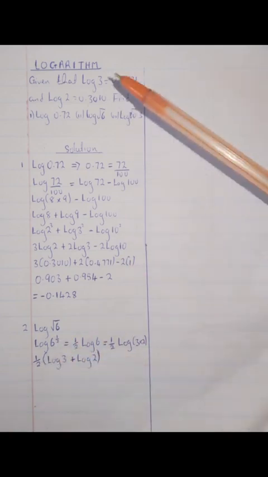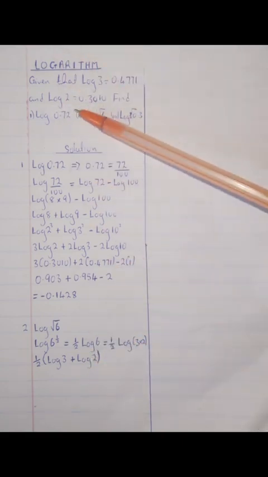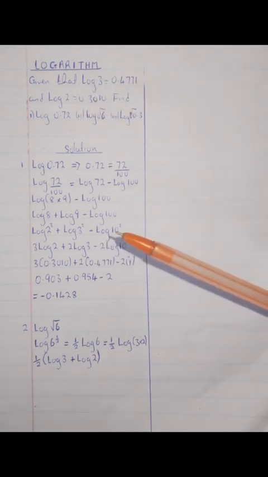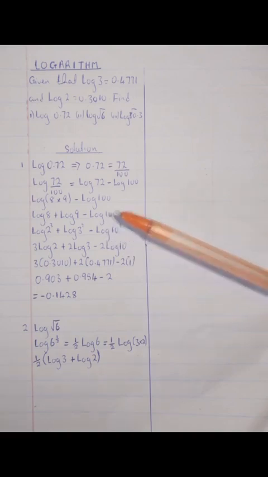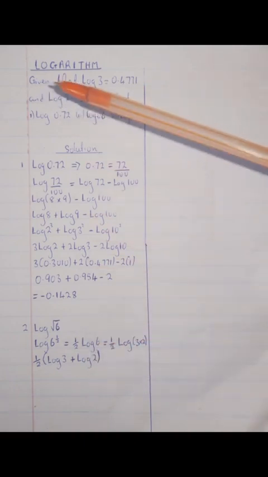Recall we are given the value of log 3 as what? 0.4771. And for log 2 we have 0.3010. What is our job here? Our job here is to replace this log 3 with this value and log 2 with this value.